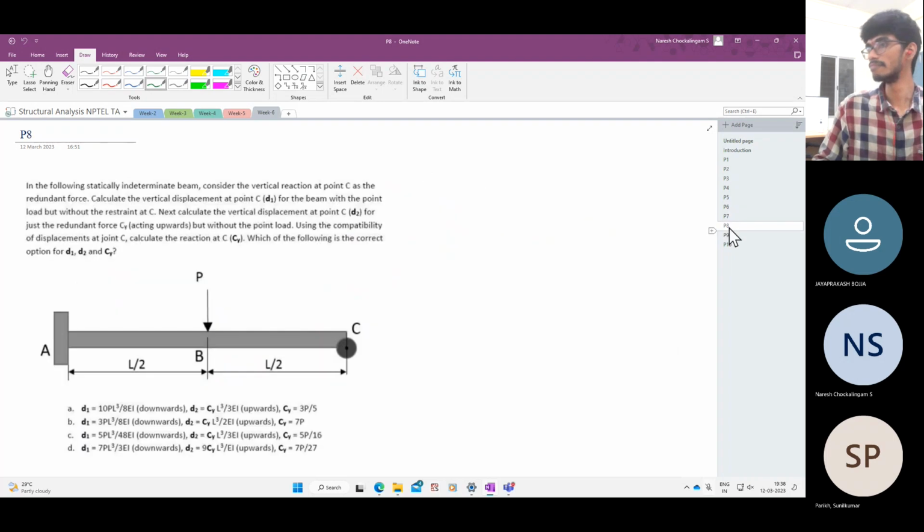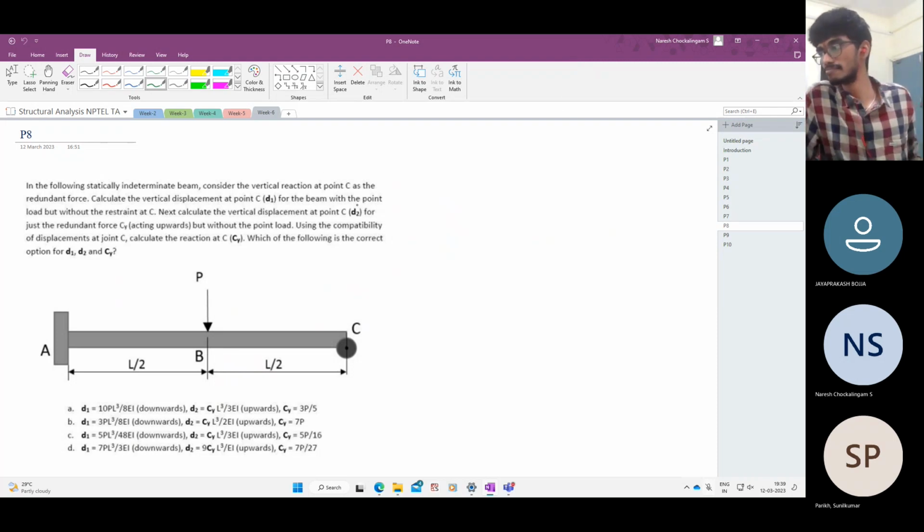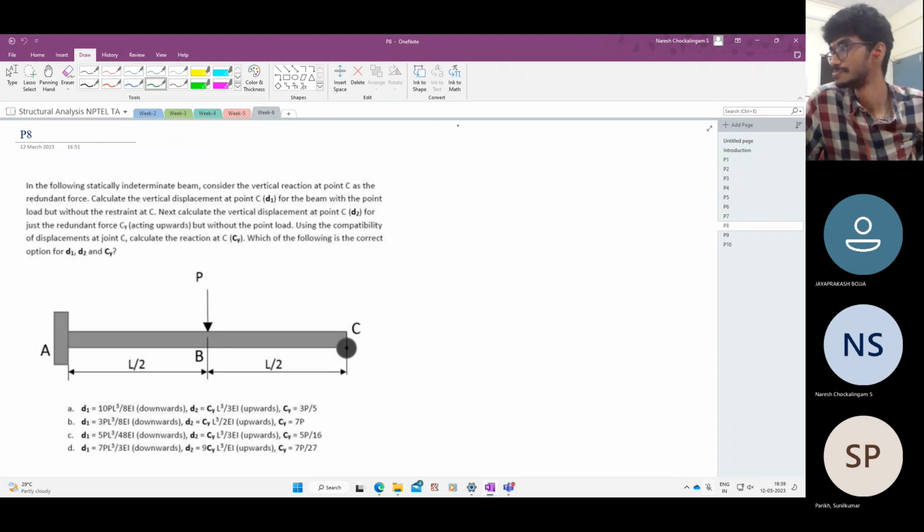This is an interesting problem where we are actually finding the unknown internal forces by the force method of analysis. So the question seems very big, but basically what it says is use the force method of analysis and determine the unknown reaction Cy.